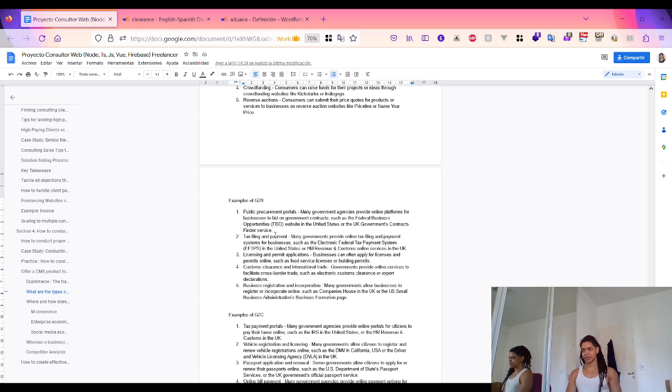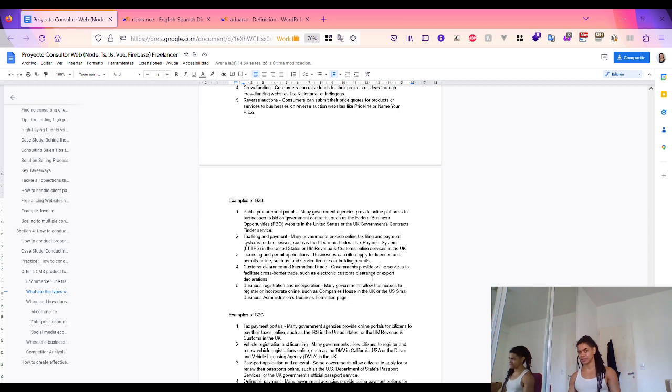Licensing and permit applications, where businesses can apply for licenses and permits such as food service or building permits. Then customs clearance in international trade: government provides online services to facilitate cross-border trade, such as electronic customs clearance.